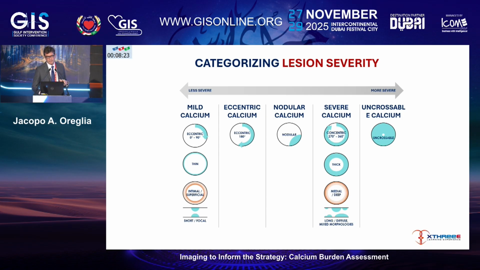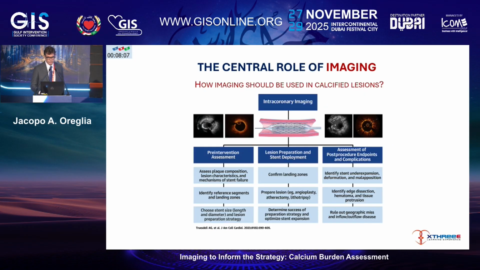Or again, we may have severe calcium when it is concentric or circumferential, when it is thick, when it is deeper, and when it is long. And at the end, we may also have uncrossable lesions where calcifications made no device able to cross the lesion.